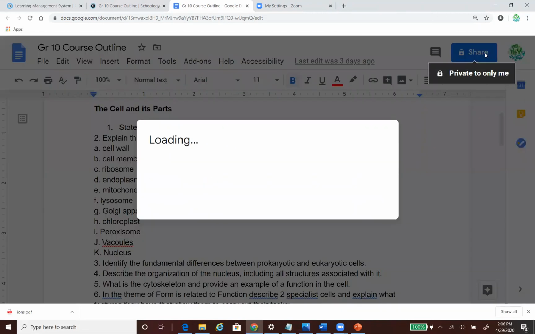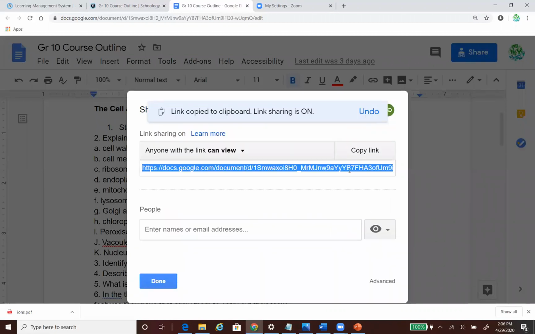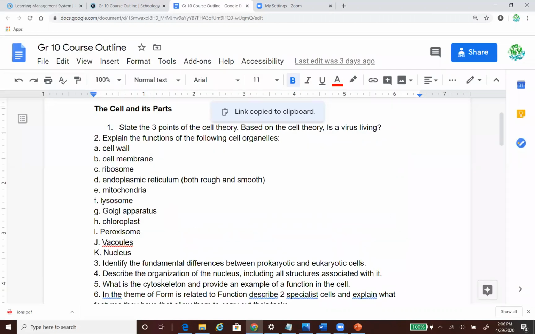Now I believe I have to change the permission settings on this. It should be able to view. So anyone with the link can view this. Copy link. Done. So I'll send this to you so that you have access to this.